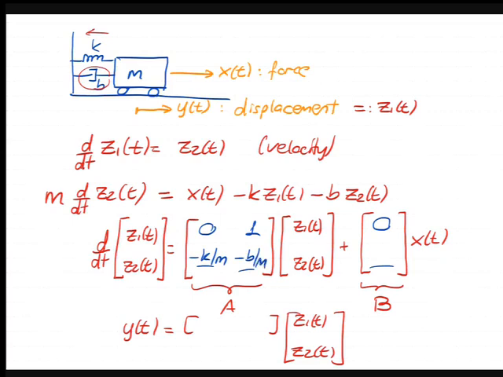And? Okay, and output is z1 itself, right? So we pick 1 and 0, so the product is z1, right? So this is C.